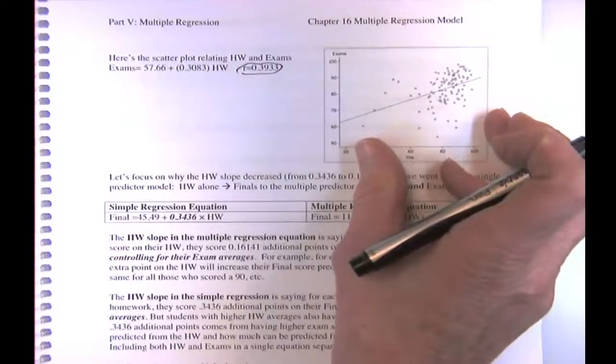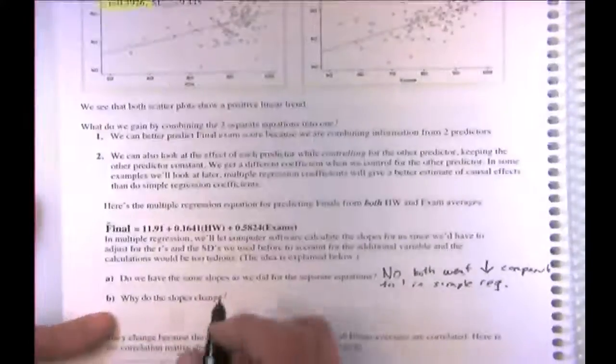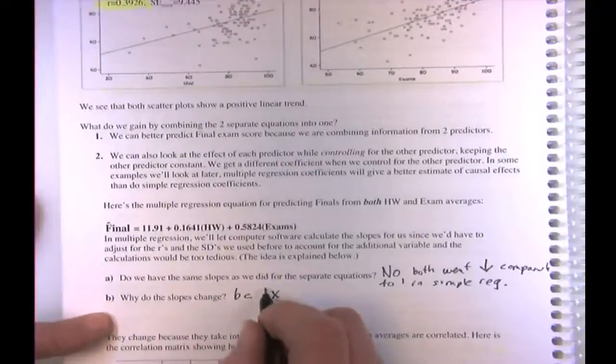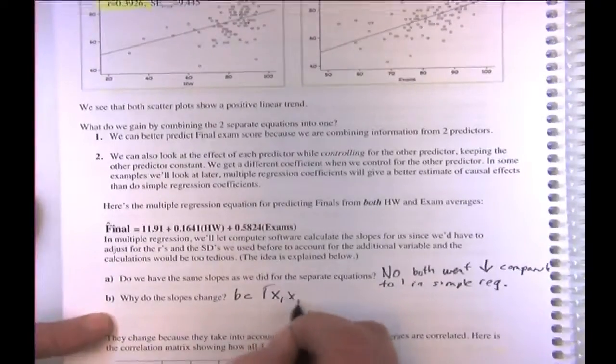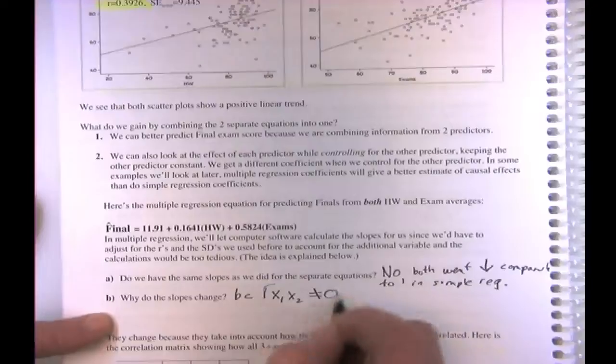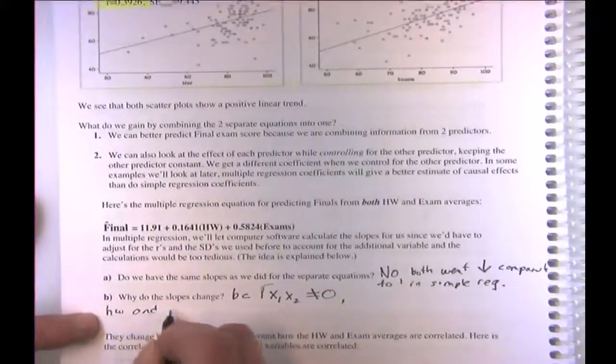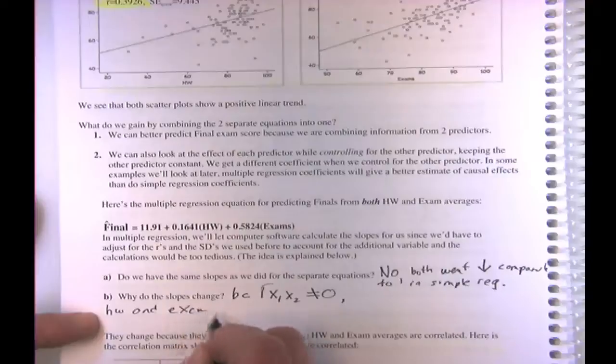So part of the effect... why do the slopes change? Because the two x predictors, the r between x1 and x2, is not equal to 0. Homework and exams are correlated with each other.